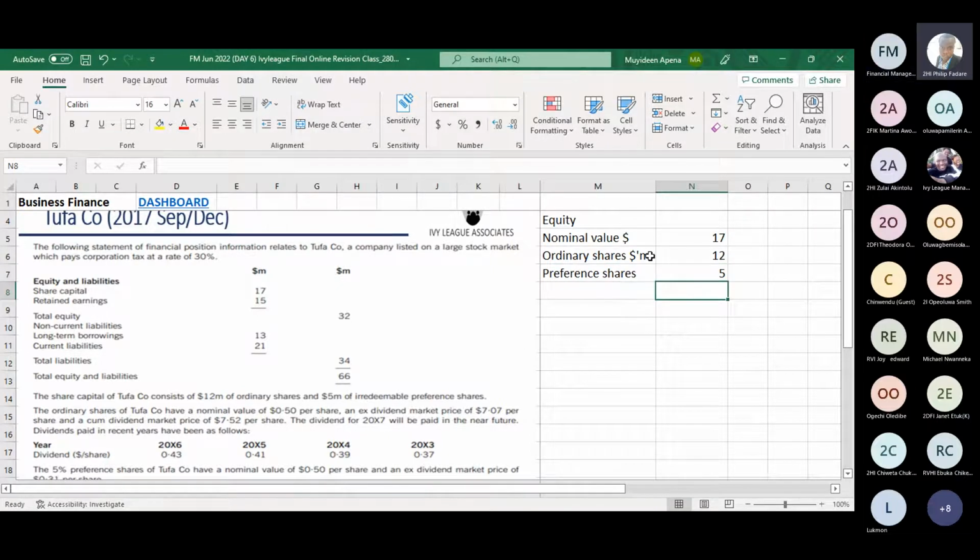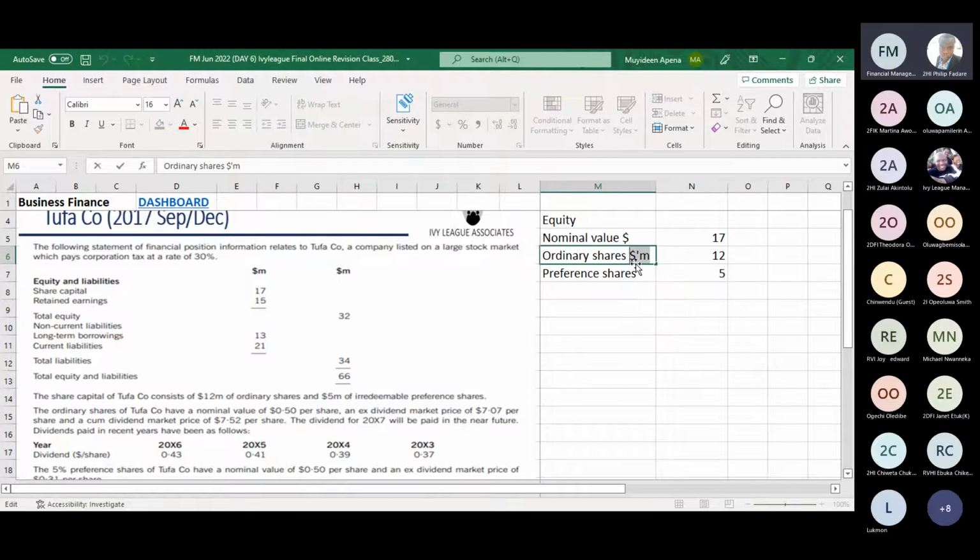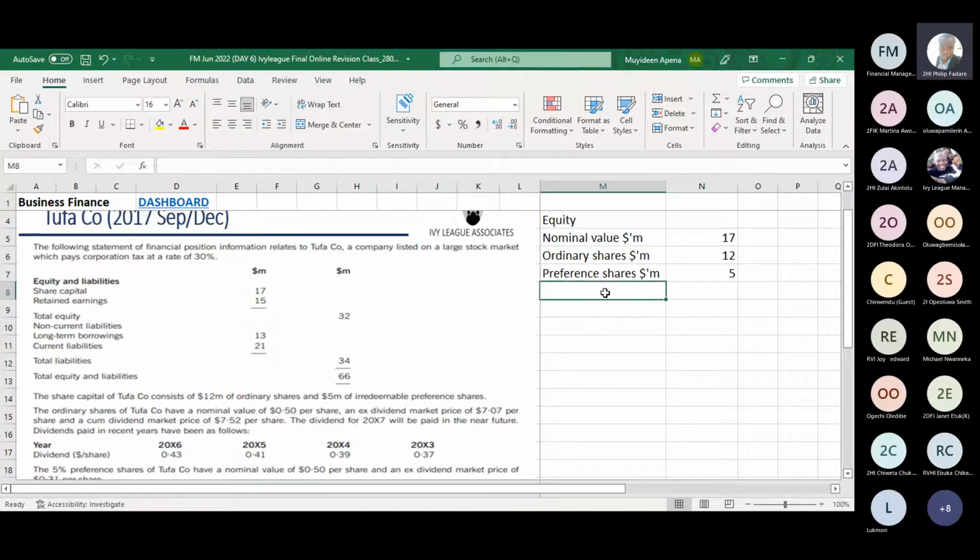That's how the 17 million has been derived.